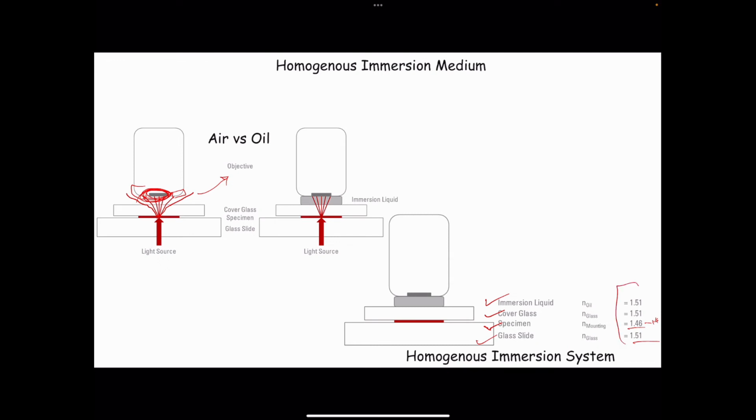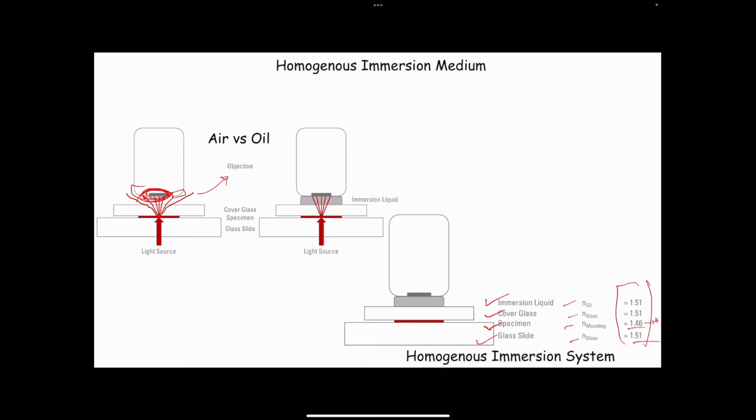So all of this, somewhere or the other, basically matches your refractive index, in that there is not much difference between these different media. So this is what we mean when we create a homogeneous refraction system. That means all the episodes of refraction that would otherwise occur, you are trying to minimize.